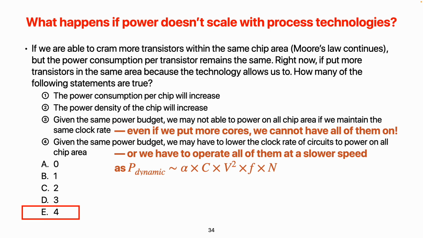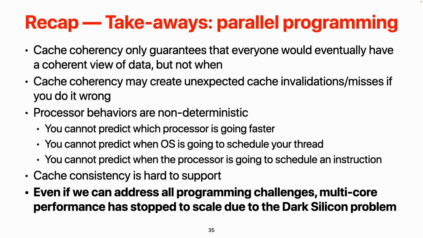Right? It's already difficult in terms of programming, but right now it's even more difficult because you need to parallelize them, but also make them run efficiently for each thread, which is very unlikely to happen. So the next takeaway during the dark silicon era is that even if we can address all programming challenges, multi-core performance has stopped scaling because of the dark silicon problem.